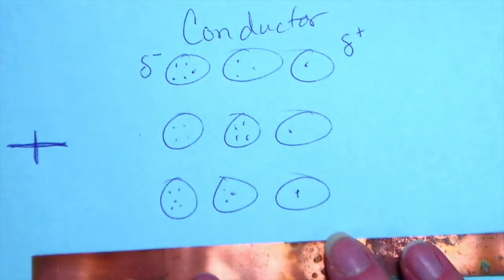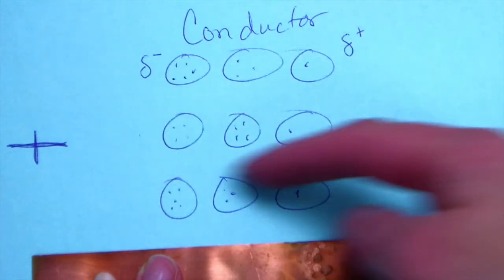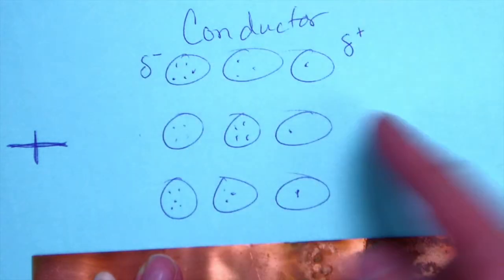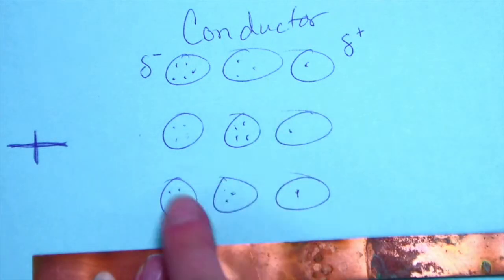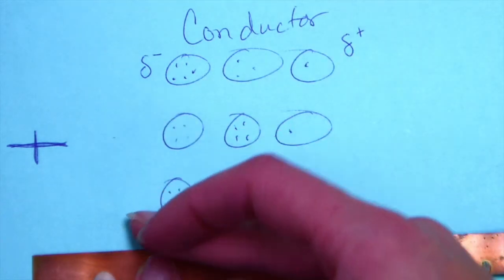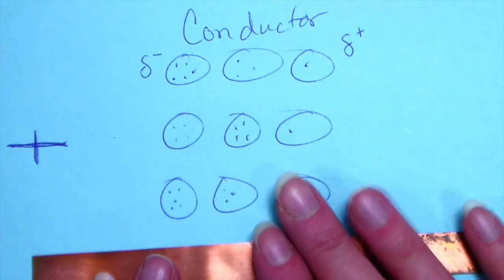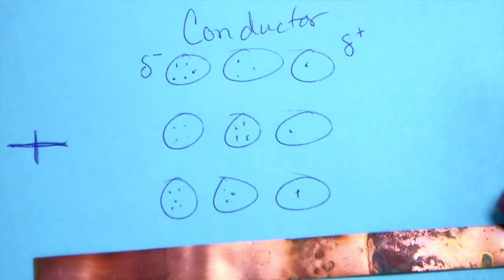So, as a solid, it is more conductive because we have these paths, or freeways, that allow the electrons to get as close to the positive charge as possible. If this was a liquid, these particles would be moving all over the place and kind of blocking the path of our electrons. So, as a liquid, it's not as conductive because there's pieces getting in its way.